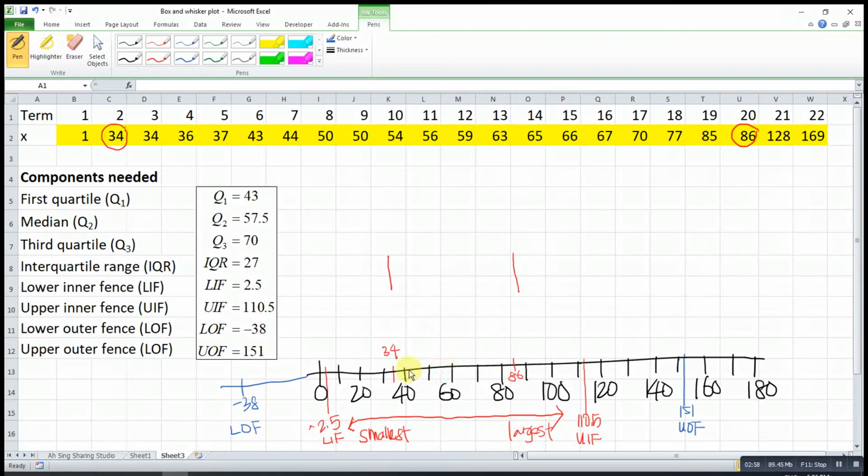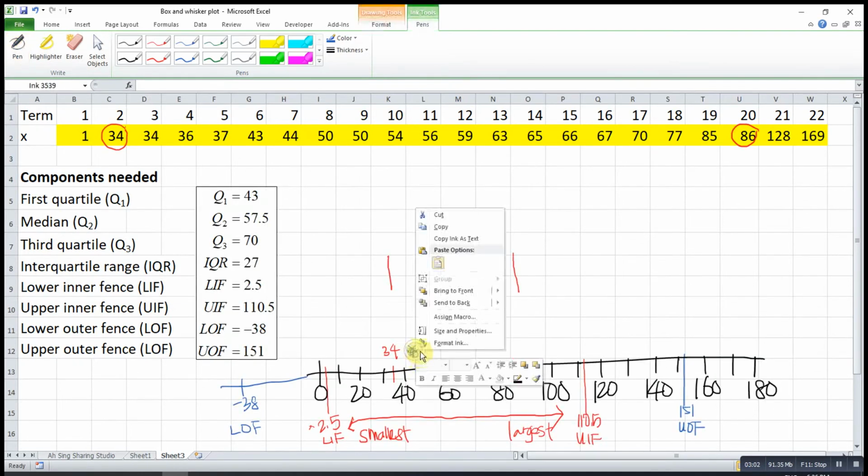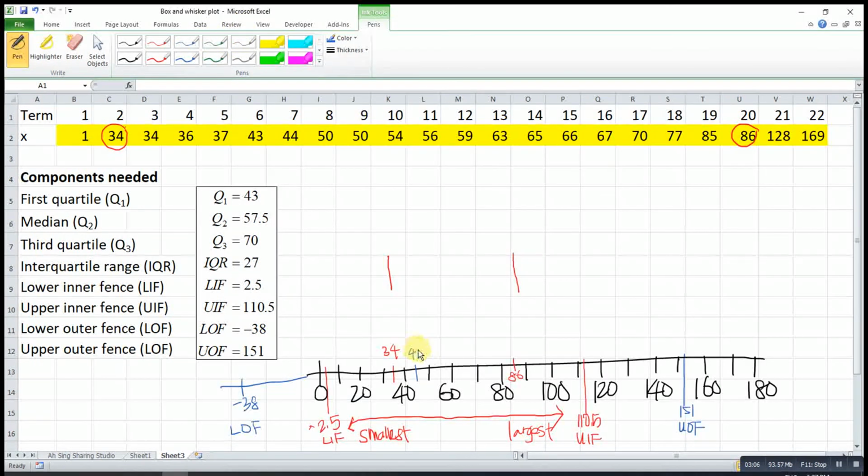After we have done that, we go to the first quartile. 43, somewhere around here. So we draw our box at 43, followed by quartile 2, the median 57.5. 50 is here, 57.5 is somewhere around here.